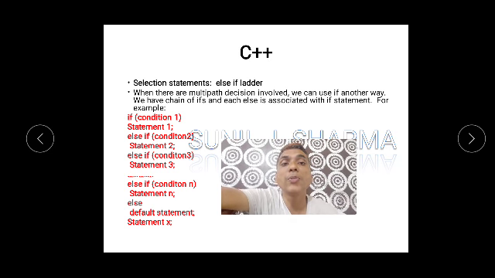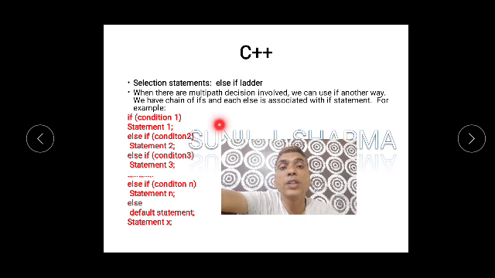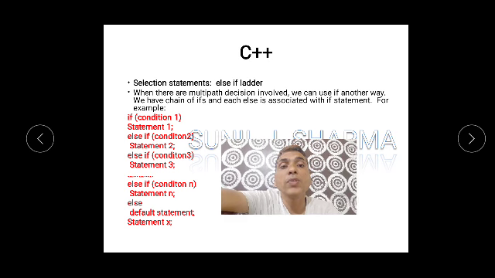But suppose there are multiple conditions. If the first condition is true, it will get executed. But if the first condition is not true, then it will go to the second condition. If the second condition is true, it will execute. If the second condition is also not true, then we can go with else if third condition.